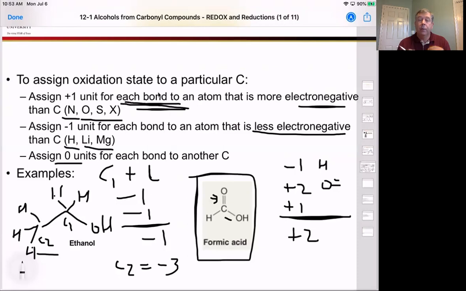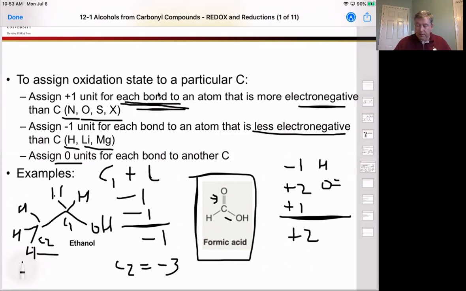Okay, it's very important to be able to calculate the oxidation state of these systems. Now, the highest oxidation state possible would be something like carbonic acid, where we have 2 different hydroxides bonded to the carbonyl, giving us an oxidation state of +4. So carbonic acid would be our highest oxidation state possible, and methane is our lowest oxidation state possible.